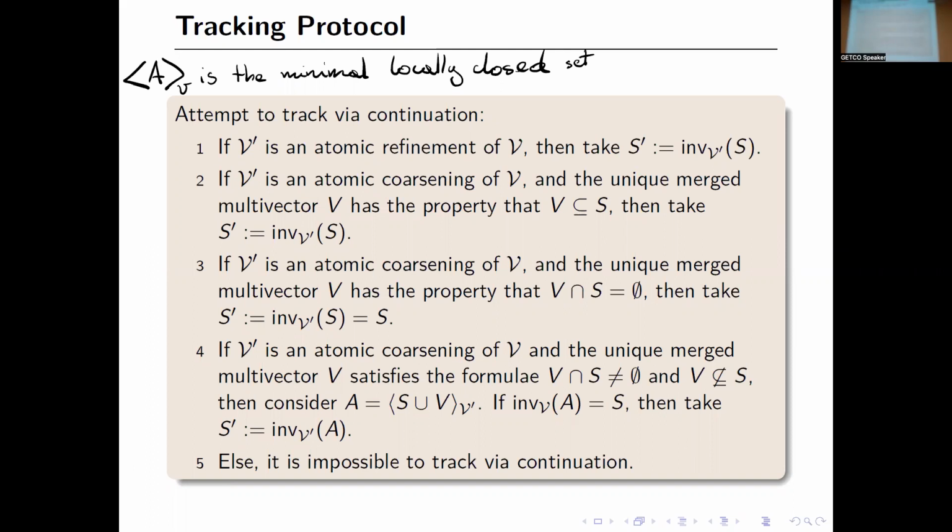The first case is the simplest one. Whenever we encounter an atomic refinement, we just take the invariant part of our current isolated invariant set, but computed for the following multivector field.